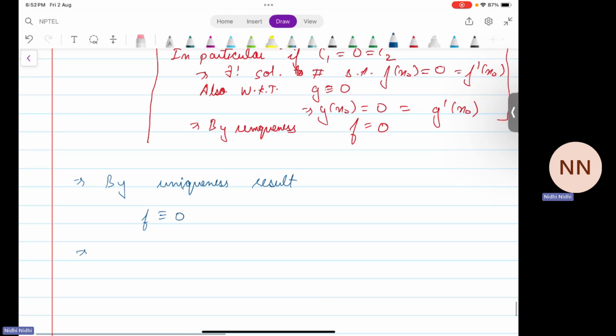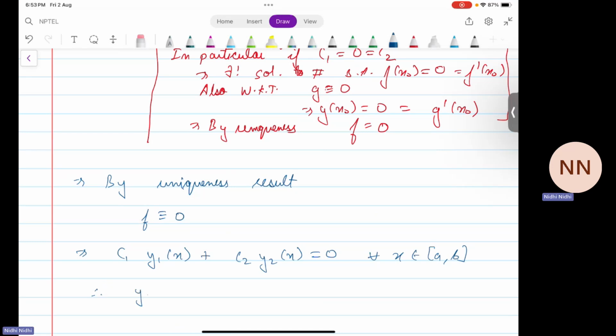This gives us c1y1(x) plus c2y2(x) is equal to 0 for every x in [a, b]. This was the definition of linearly dependent, because c1 and c2 are non-zero.